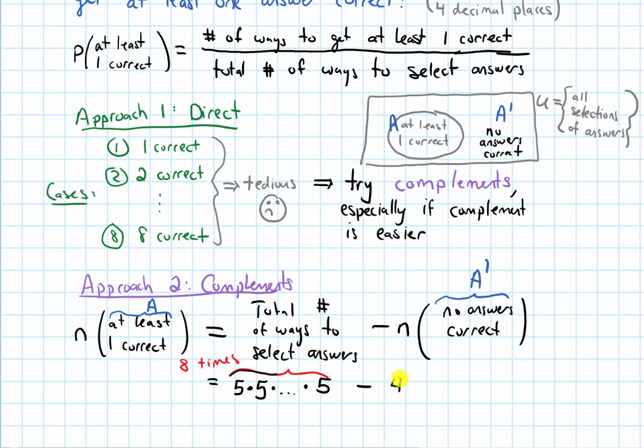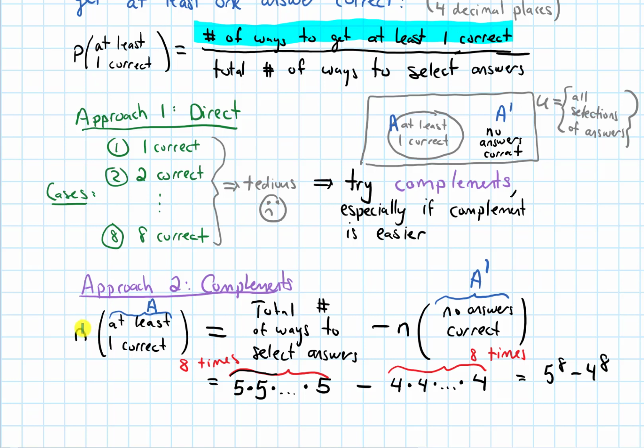So there's 4 choices for the first question, times 4 choices for the second question, and so on until I get to the last question, and 4 choices for that as well. So we are multiplying these 4's together 8 times because there's 8 questions. And this gives us 5 to the 8 minus 4 to the 8. So this is going to constitute the numerator of our fraction. The number of ways to get at least one correct is 5 to the 8 minus 4 to the 8.